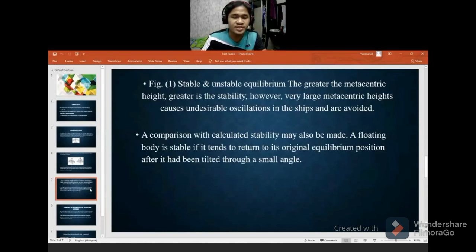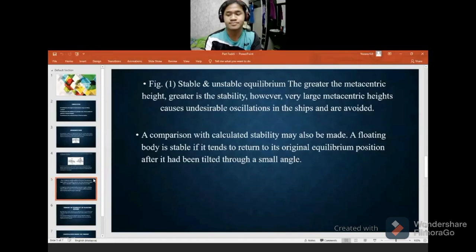That means the greater the metacentric height, the greater the stability. However, a very large metacentric height causes undesirable oscillation in the ship and is avoided. A comparison with calculated stability can also be made. A floating body is stable if it tends to return to its original equilibrium position after it has been tilted through a small angle.